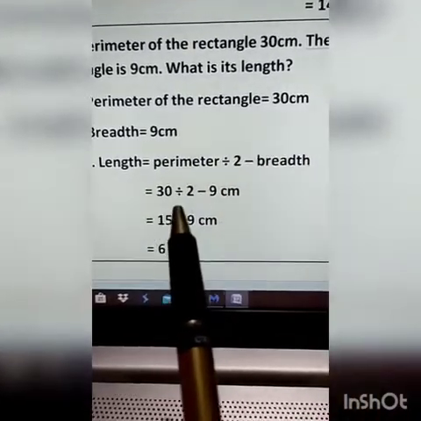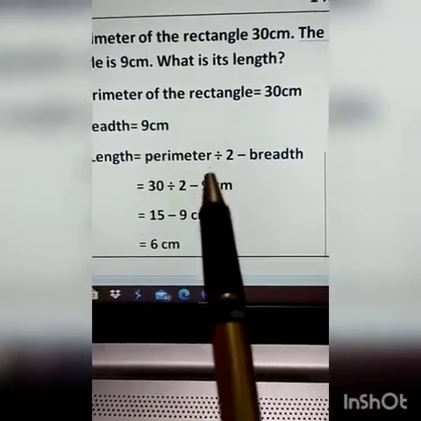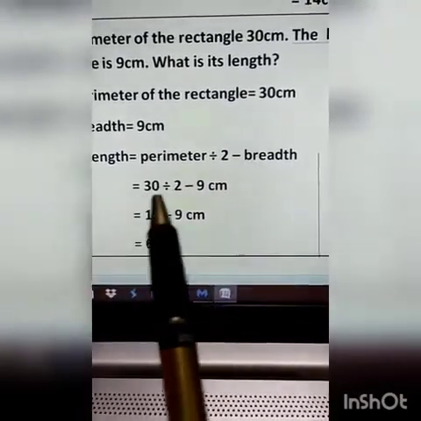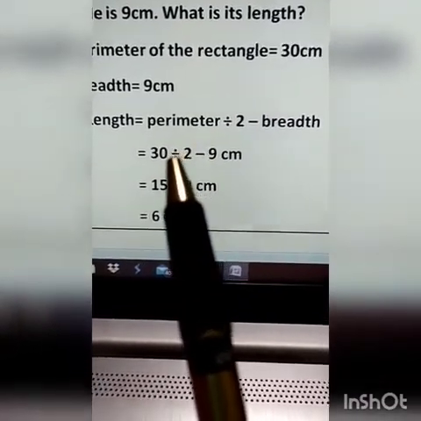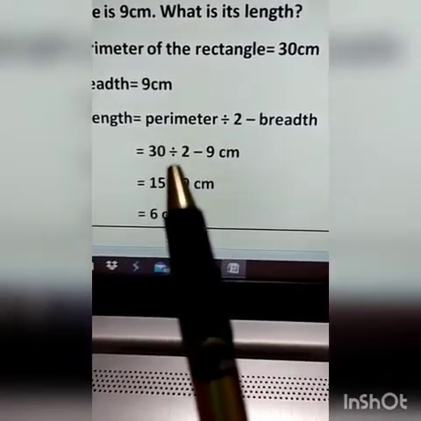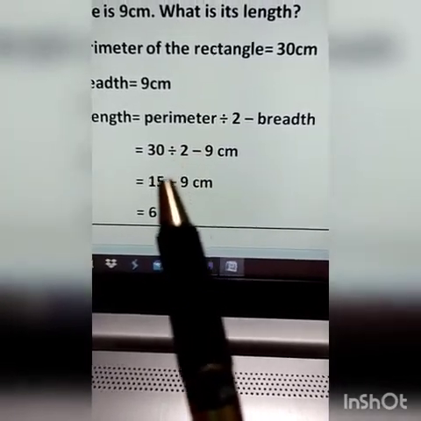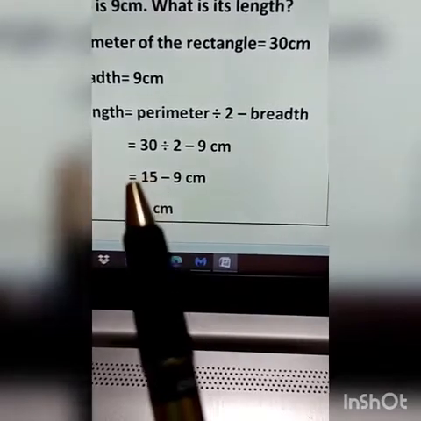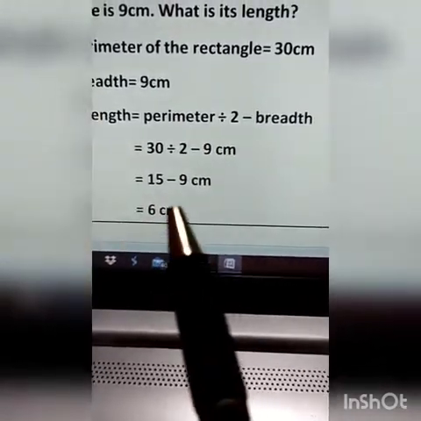Perimeter is 30 divided by 2 minus 9. That you have to calculate, and according to the simplification BODMAS rule, first what we'll do? Division part. So 30 divided by 2 is 15 and 15 minus 9 is 6. So our answer is 6.